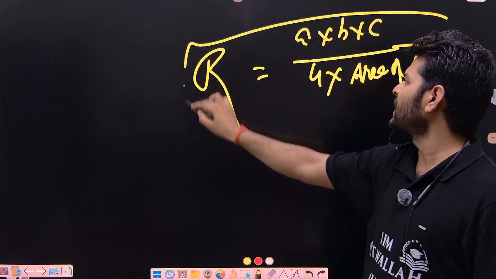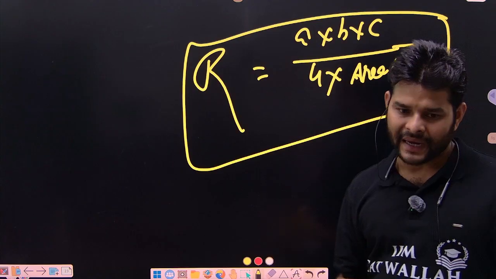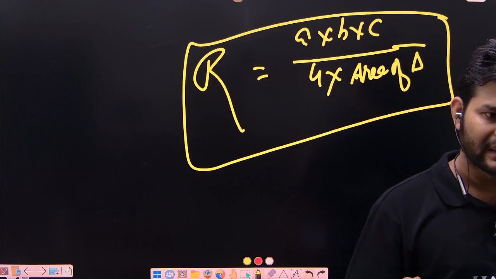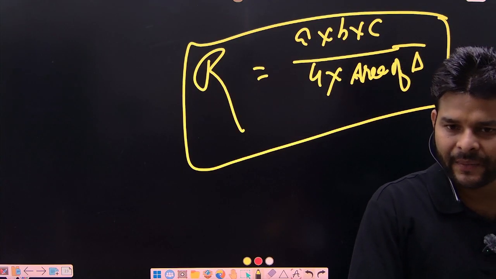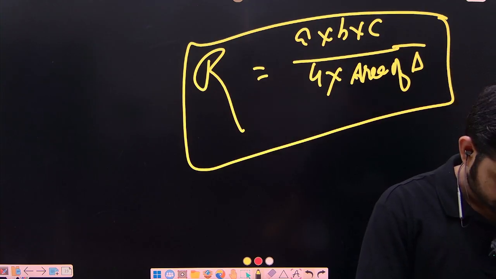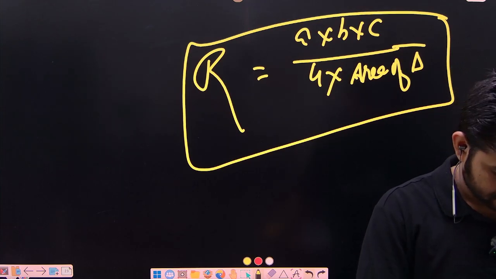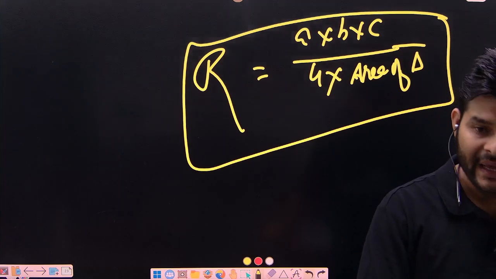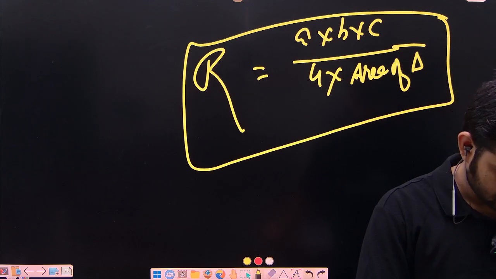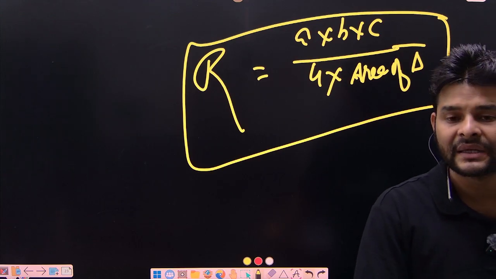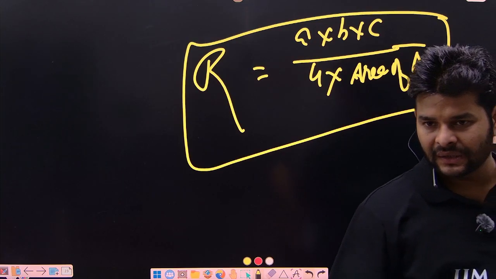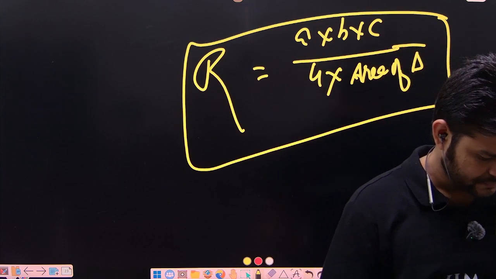This is the basic formula that can be applied anywhere in any triangle. The triangle may be obtuse, may be acute. ABC upon 4 into area of triangle, where ABC are the sides of the triangle.